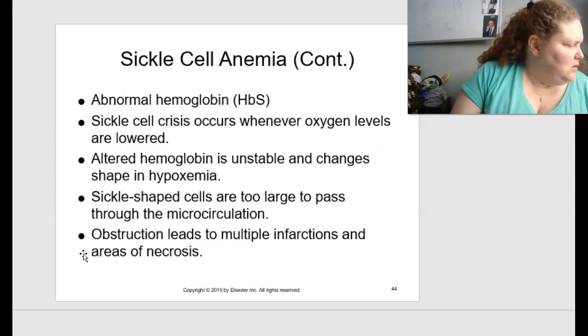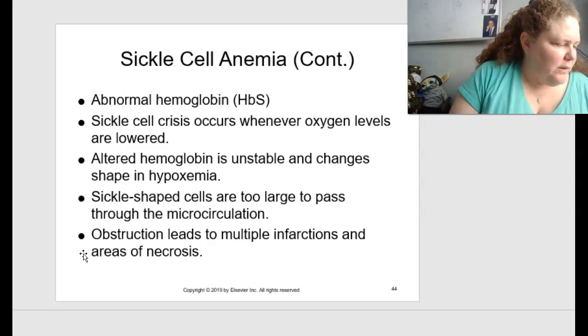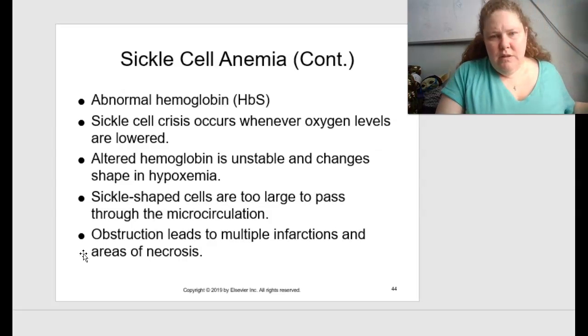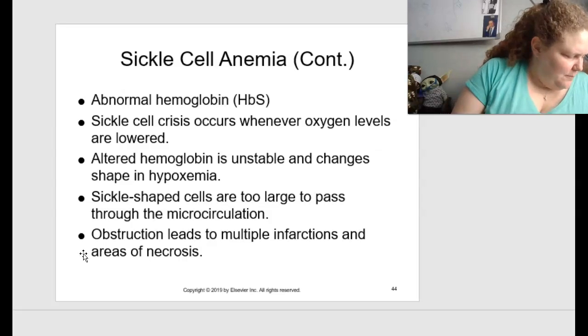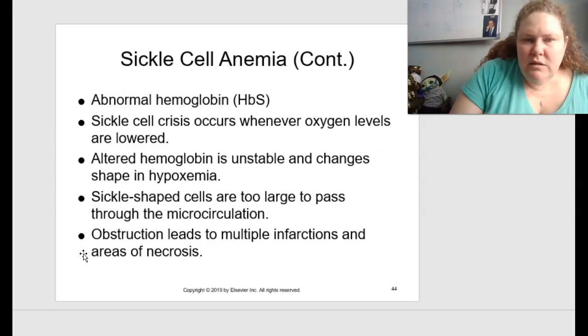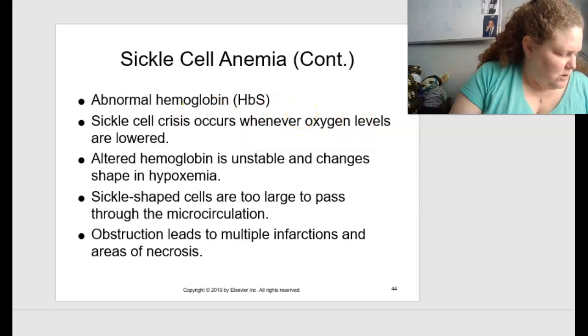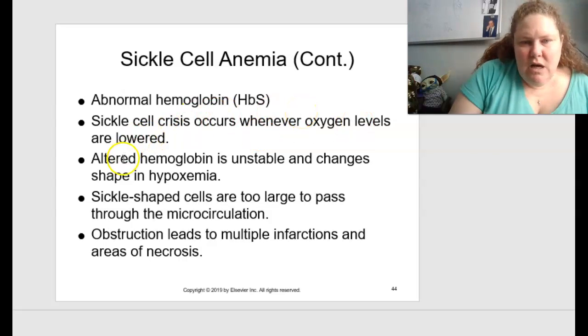So basically with sickle cell anemia, you are going to have the abnormal hemoglobin. You can also have the sickle cell crisis that can occur whenever the oxygen levels are lower, and this can cause altered hemoglobin, and that altered hemoglobin is going to be unstable and change shape, and hypoxemia.